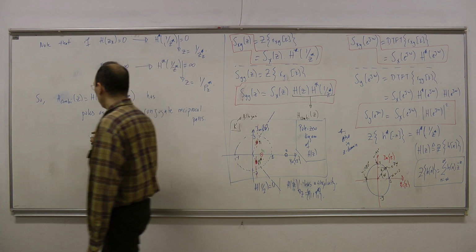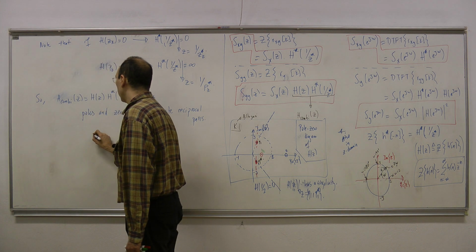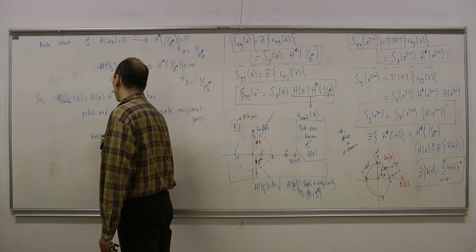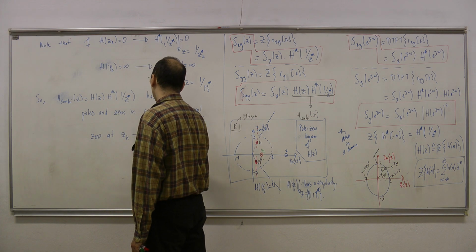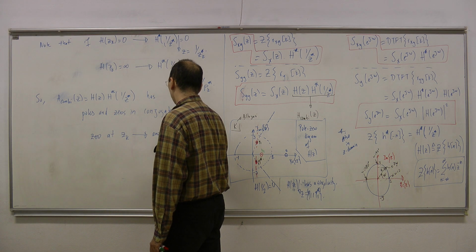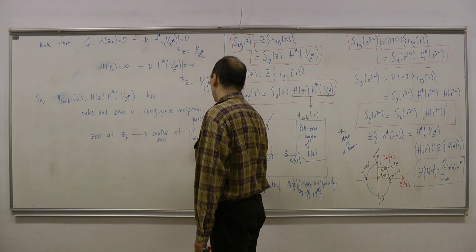So what is that one? Conjugate reciprocal is this. If I have a 0 at zk, then this implies that there is another 0 at 1 over zk conjugate.